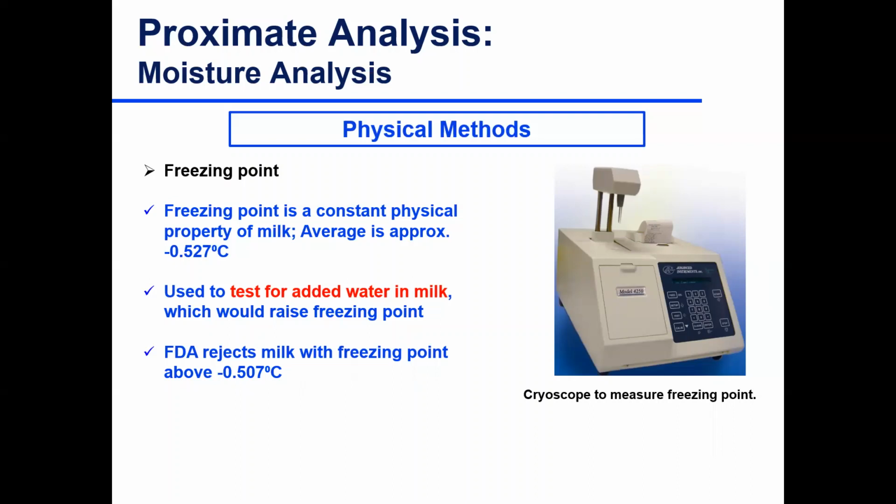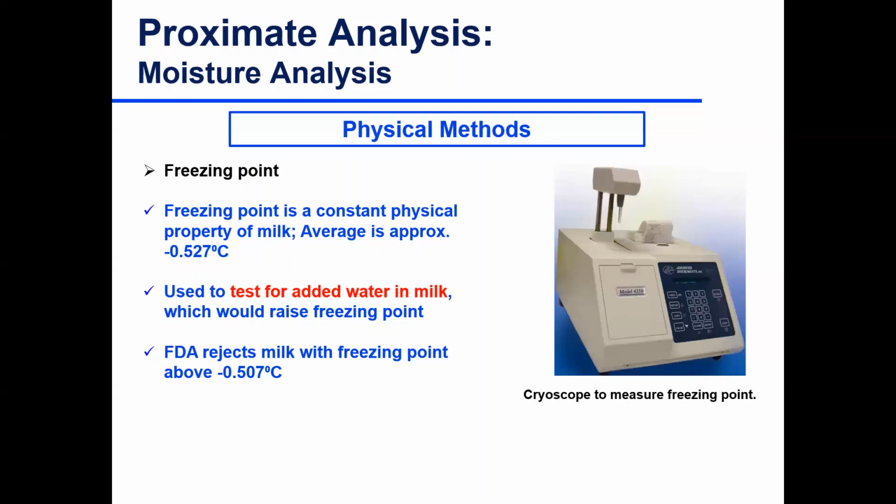The standard method is that a sample of milk gets put into a cryoscope over here, and the cryoscope will pull this in and you will end up getting a freezing point. Based on the freezing point, you can say whether or not it's been adulterated with water.